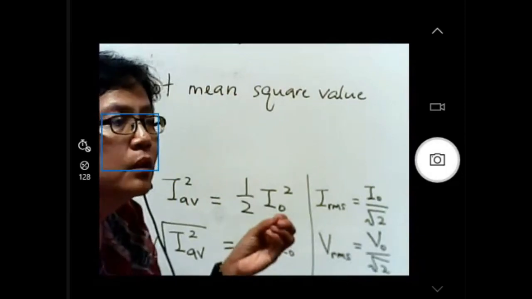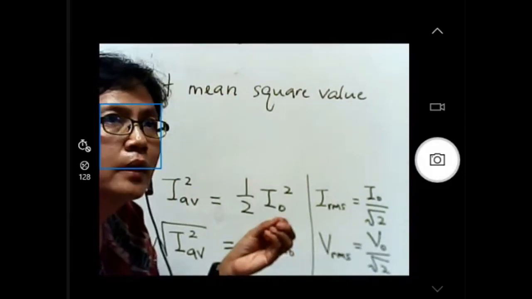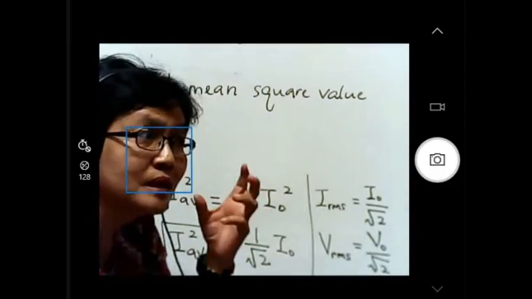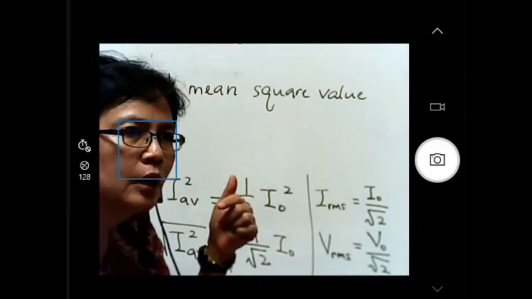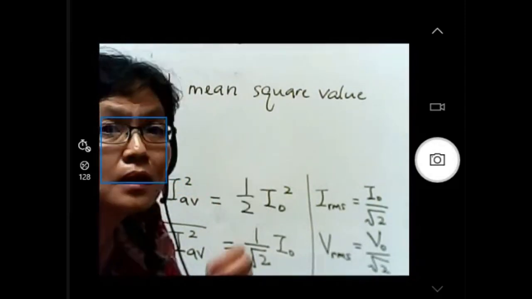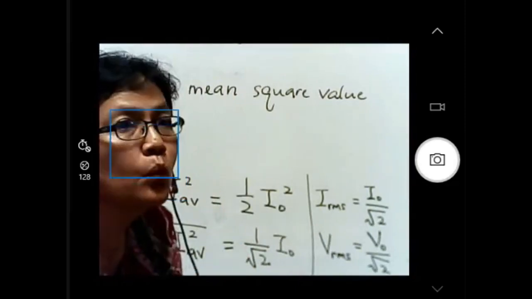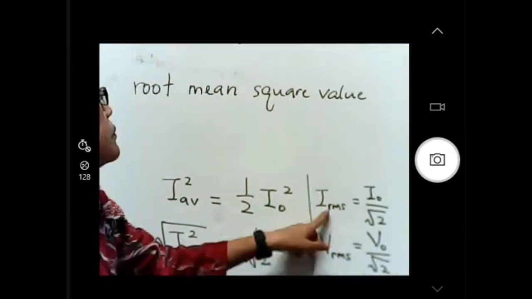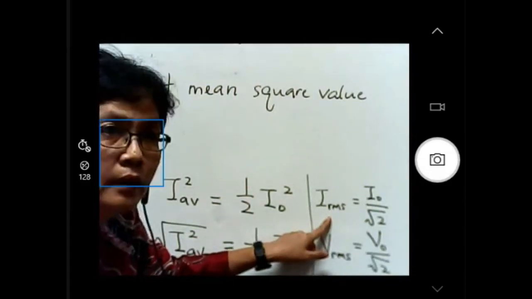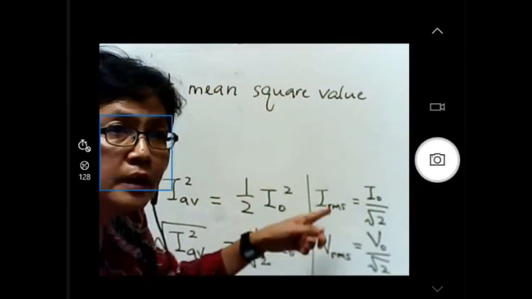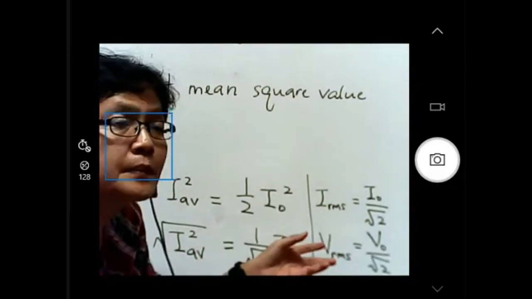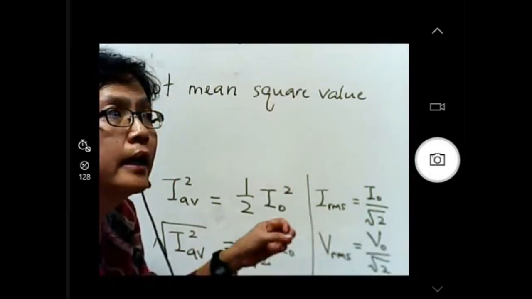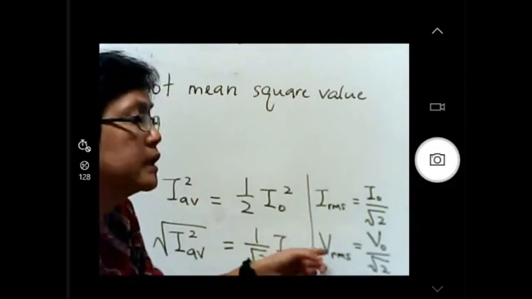But we don't see it like that, right? Like our filament light, we don't see the brightness increase and then decrease. Why? Because what we obtain here is the effective current, or the brightness from the effective current, or power dissipated using effective current or effective voltage.